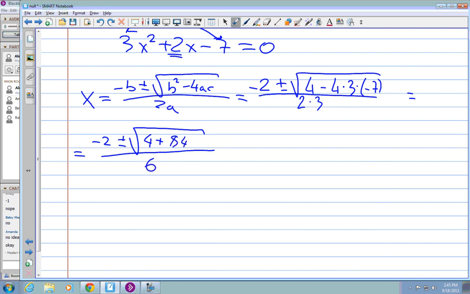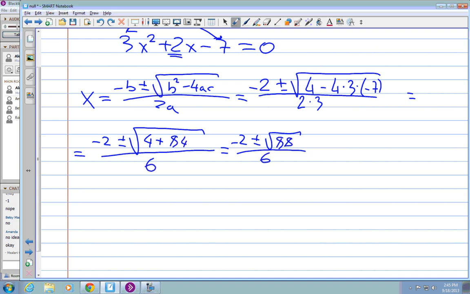Is that right? Yeah. So we end up with negative 2 plus or minus the square root of 88 over 6. Okay? Not done yet, because you always want to try to simplify it further.